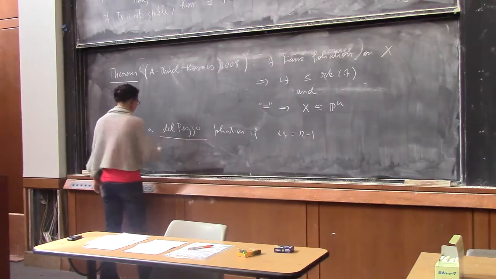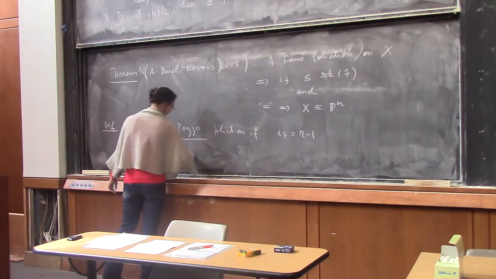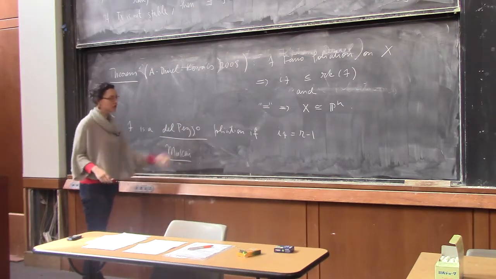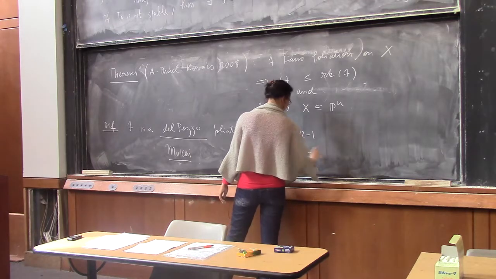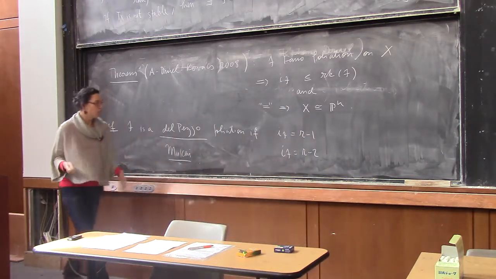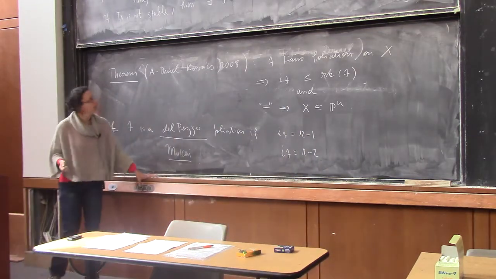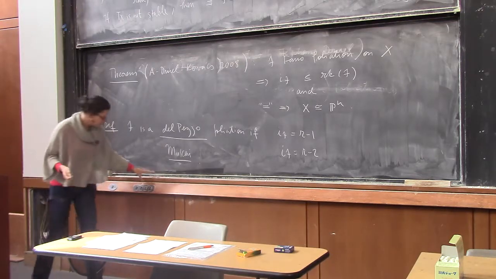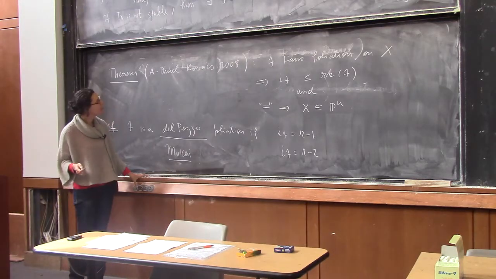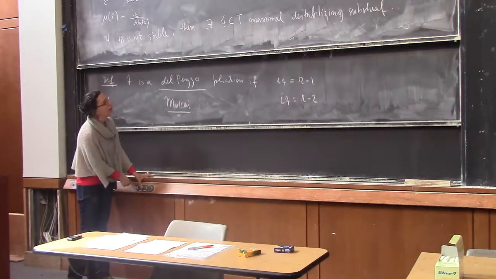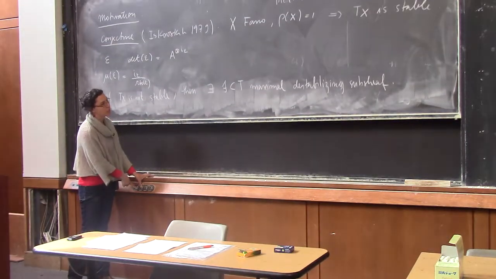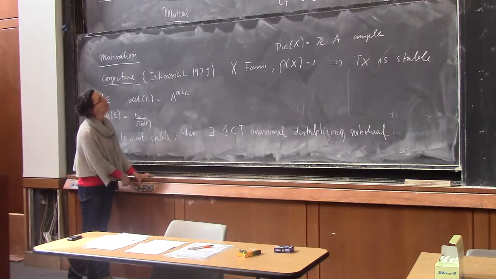if the index is equal to R minus 1. And I can define a Mukai foliation if the index is 1 less. And our aim would be to classify monofoliations with high rank.